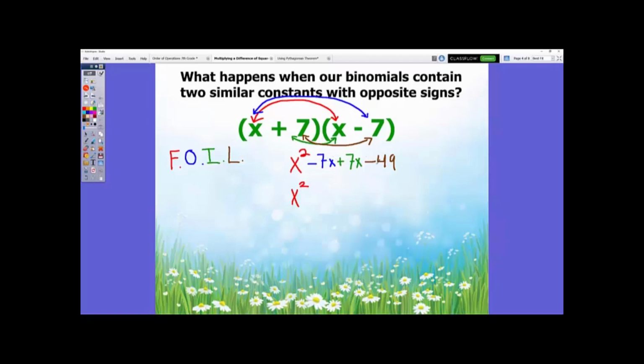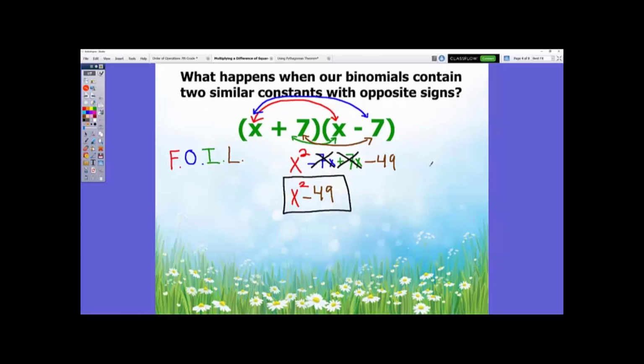So you end up with 0x, and they cancel out entirely. Our terms to the power of 1 have canceled each other out, leaving us with just x squared minus 49. And there we go. That is the product of the two binomials that we foiled together.